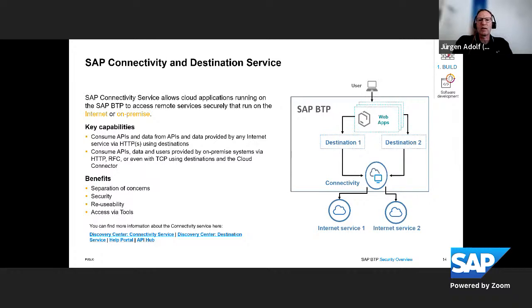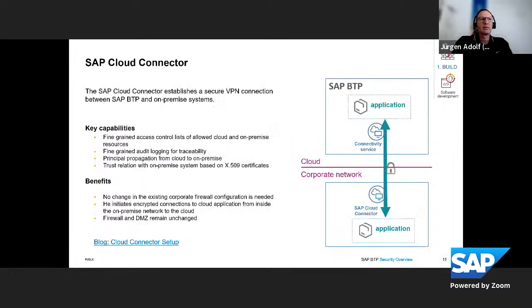Additionally, you have the capability to connect with on-premise systems and leverage their APIs, data, and user functionalities through the destinations. This is made possible by using the cloud connector. So let's come to the next slide.